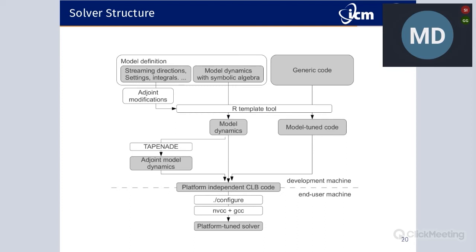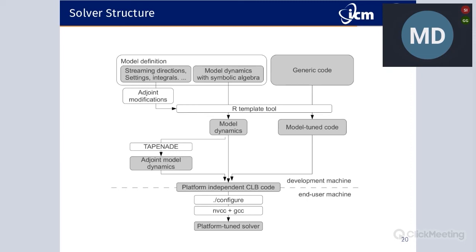Each physical model is described in generic terms like the number of directions, so basically the stencil, the number of additional parameters, the number of integrals that must be calculated along the whole domain, and the model dynamics, so the collision model itself, described in symbolic algebra.